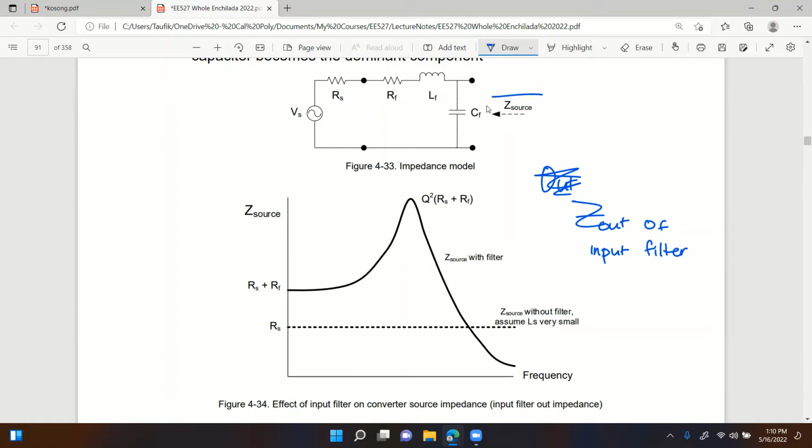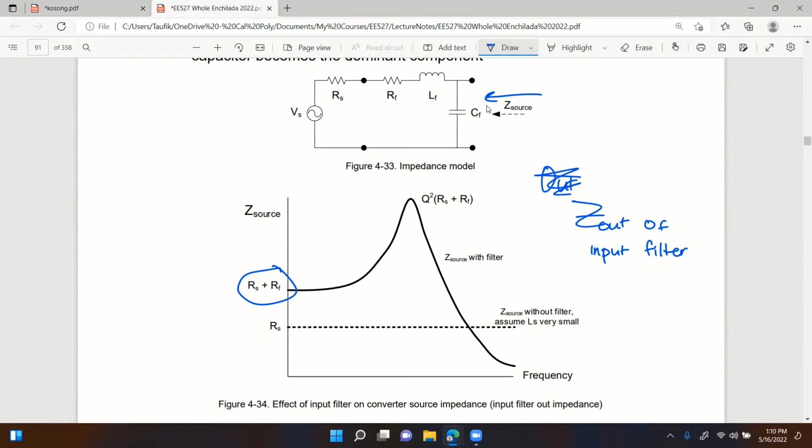Right, so if looking back into the source, if you have the input filter, at omega equals 0, what happens? You have RS plus RF right here. Low frequencies, you have RS plus RF. High frequencies, you have an open here, you have a short there, right?